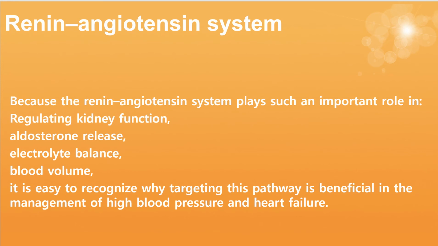In other words, since we have a general understanding of the system, we can understand that if we make drugs that target particular aspects of the system, then we can play a role in regulating blood pressure or other illnesses.